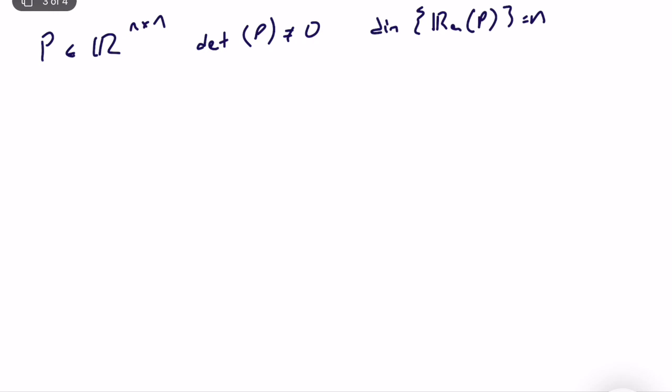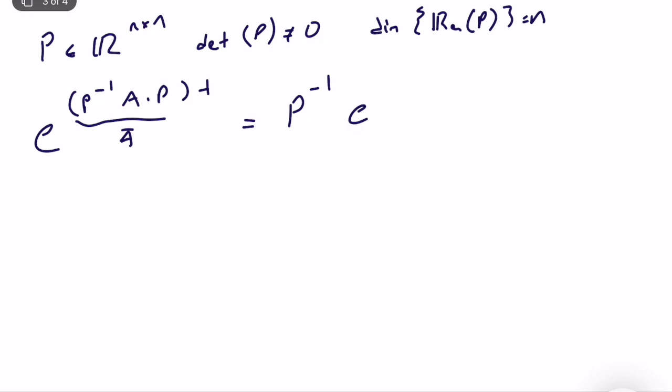Under this case, we have e^(P^(-1)AP t), a matrix function where the matrix here, let's call it A bar, is equal to P^(-1) e^(At) P. Which means that we can pop out P's from the matrix exponential.